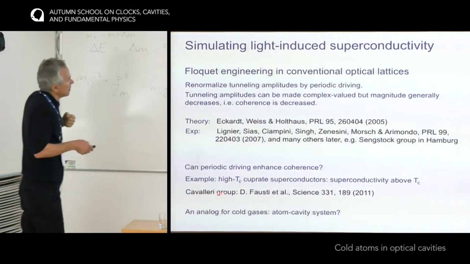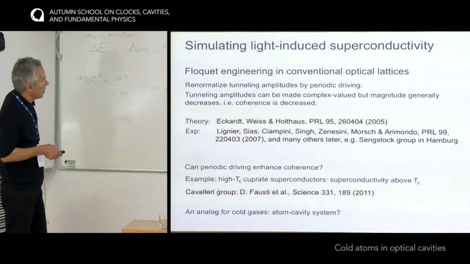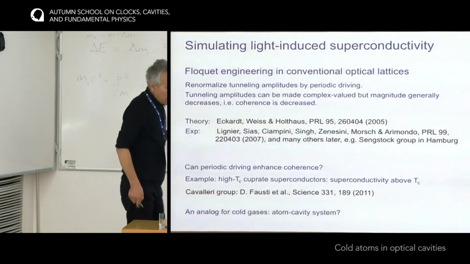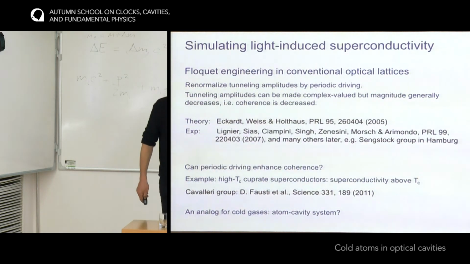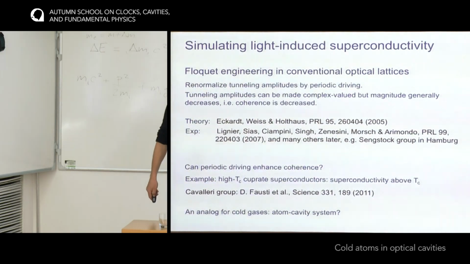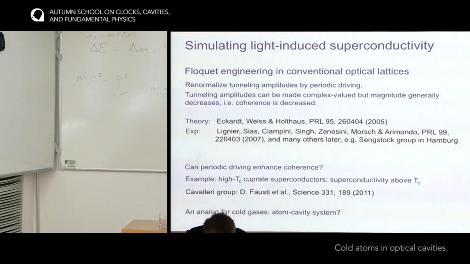This is a group in Hamburg, where Andrea Cavalleri is doing these experiments. They have shown that by shining very intense light pulses on cuprate compounds, they can make these compounds superconducting above TC. And for a very short time, they can even get close to room temperature. It's only for picoseconds, so it's not usable for anything useful so far.